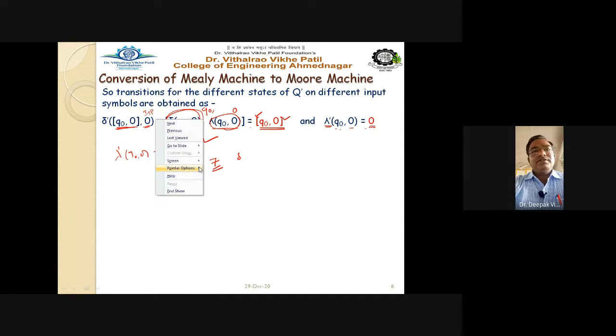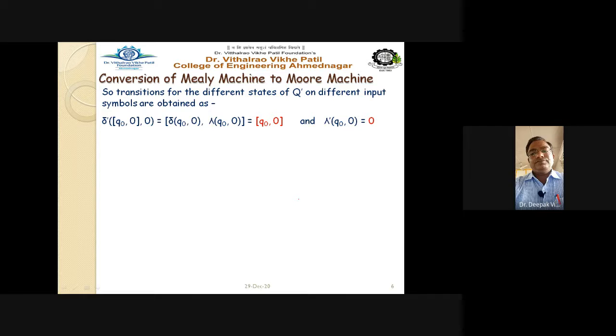How are they written here? Delta dash Q0 0 on input 1 now. So you are changing the input here. This input is initially 0. Now we are changing it to 1. So here delta Q0 1. You are not taking the symbol 0 here, but you are taking this particular one. You have to use this one. So Q0 on 1 and lambda also Q0 on 1.